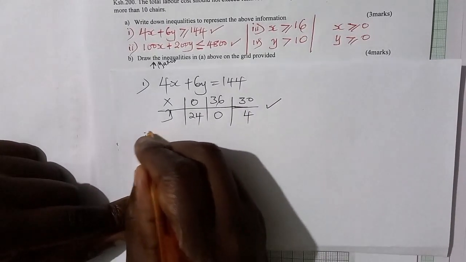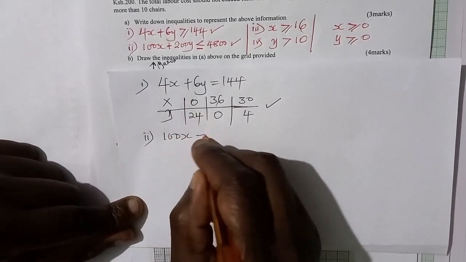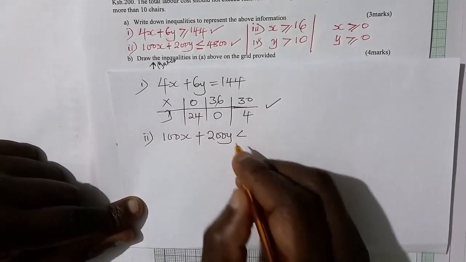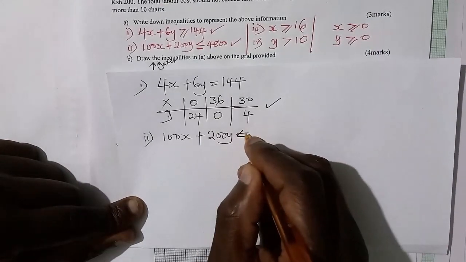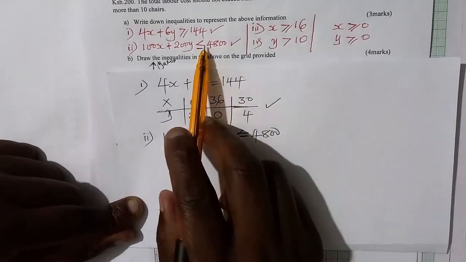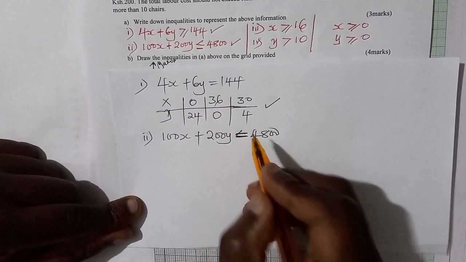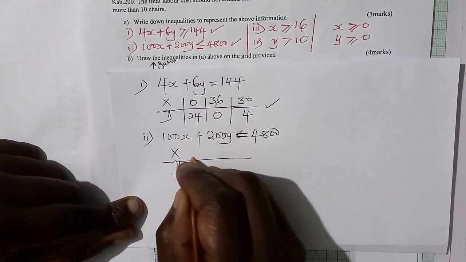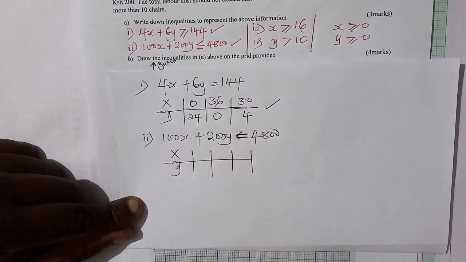So this is what you're going to use to draw that line. Then we go to the second one: 100x plus 200y. The line that you're going to draw here, we just put an equal sign, is equal to 4,800, because it is less than or equal to. Again, we should have at least 2 points.